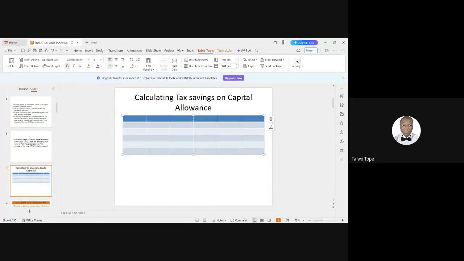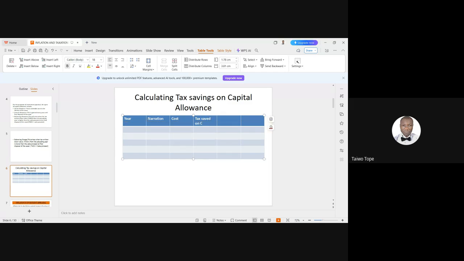We can have the year, the costs, and the tax saved on capital allowance at the company's tax rate.